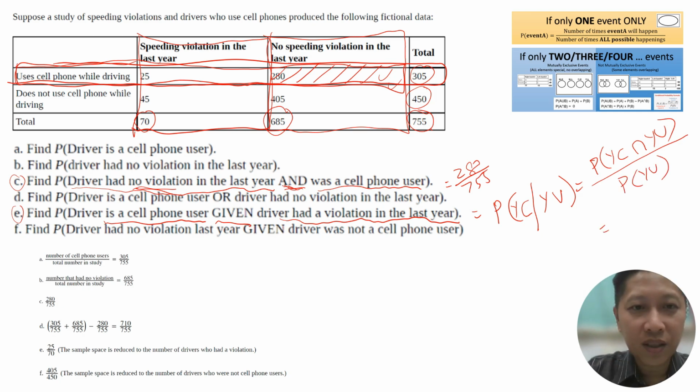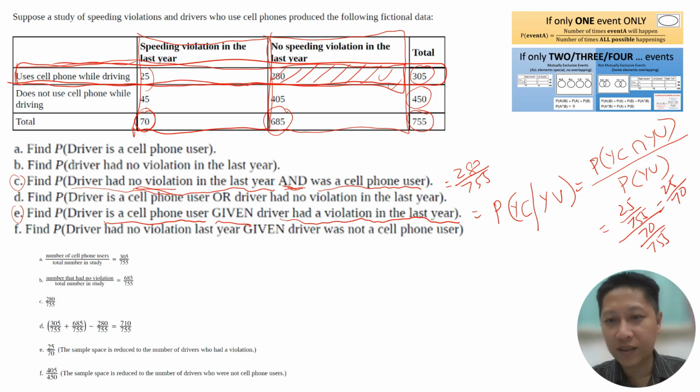So cell phone user and yes violation is 25 drivers, divided by the total number, 755, and then the yes violation is 70 people, divided by 755. So after simplification, we get 25 over 70.